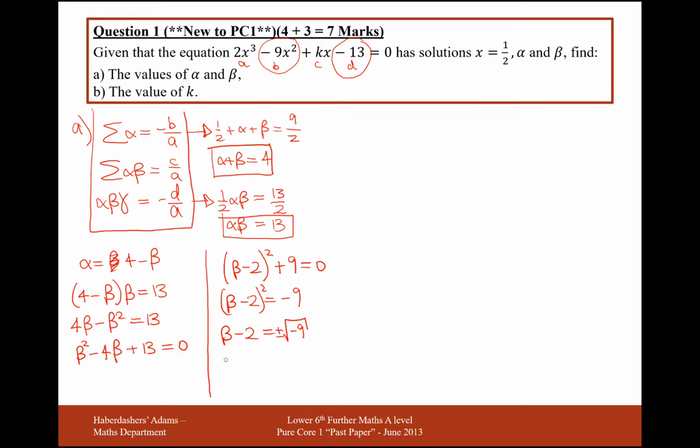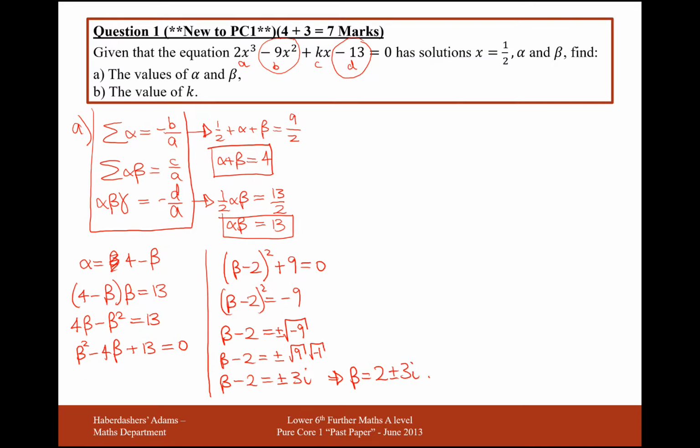Now the square root of 9 is 3, and the square root of minus 1 is i. So I'm going to split them up into square roots like that. So beta minus 2 equals plus or minus 3i. So from here I get beta equals 2 plus or minus 3i.